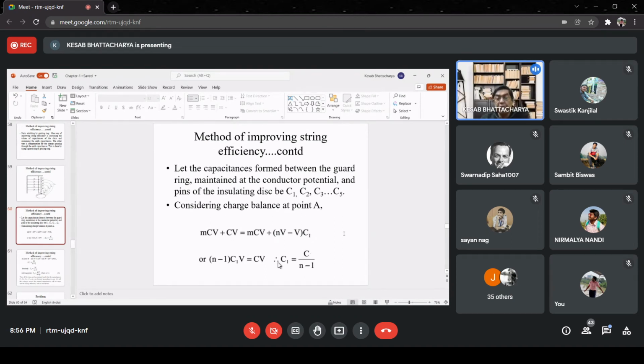Do you understand this point or not? Tell me, please, whether you have understood this point or not.